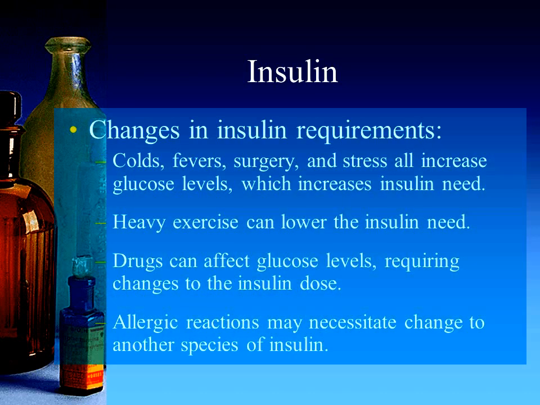I talked about how insulin needs can vary throughout the day. There are also other things that will influence it. Things like colds and stress will increase the glucose level. Exercise can actually lower the glucose level because you're burning the sugar off. Medications can change glucose levels, and we can even have an allergic reaction to insulin, so it'll actually change the type of insulin we've got to give.